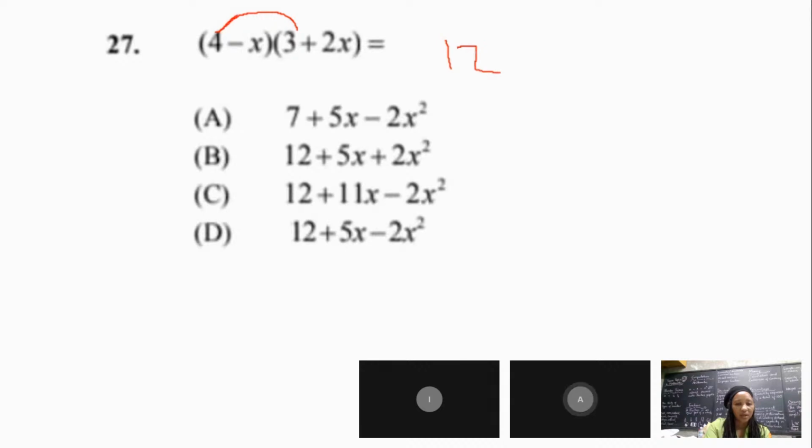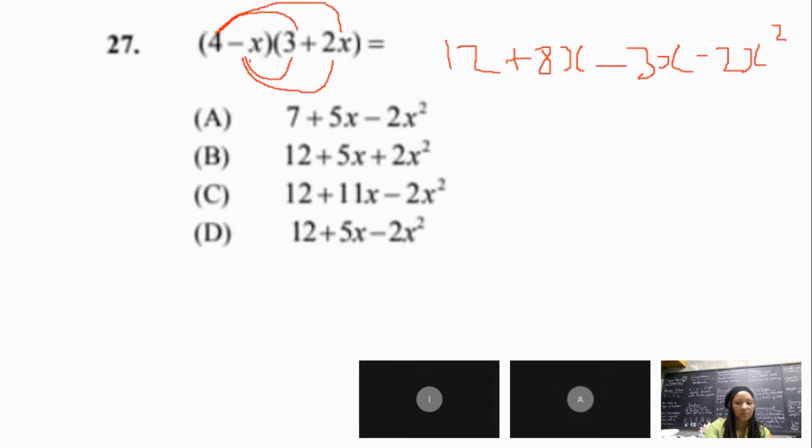Negative x times negative... which way are you going first? 4 times 3, and then 4 times negative 3x, and then 4 times 2x, that's 8x. And then negative x times negative 3 is 3x, and negative x times 2x is negative 2x squared.